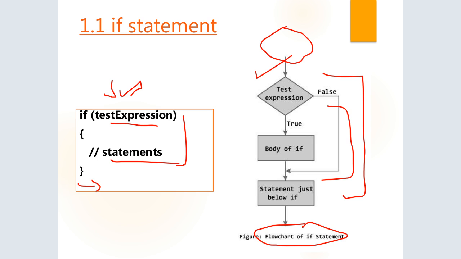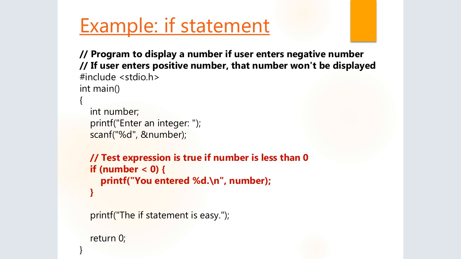So we'll do maybe one example to sum up everything, and I'll be explaining each area. I've just explained how that happens. Our condition is here. We are testing if a number that has been entered, the entry was done at that point, is less than 0, then we display the relevant statement.